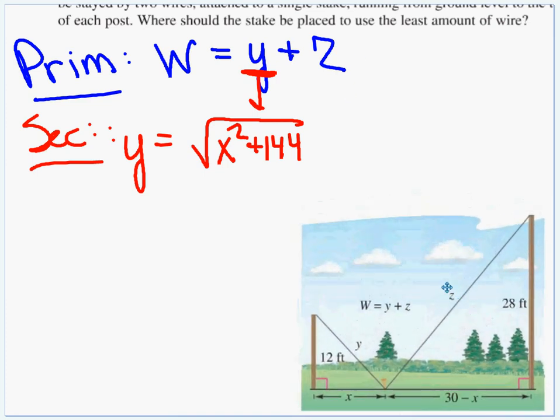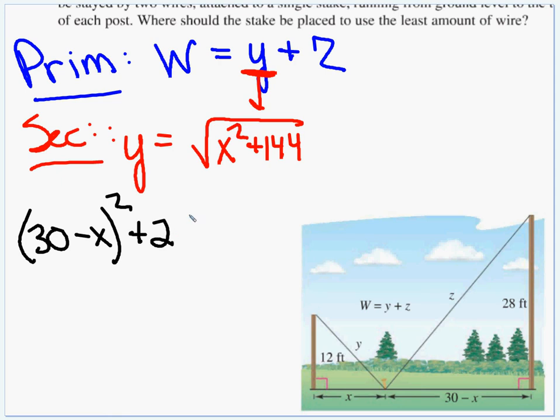Here's z, and it's going to be a Pythagorean triangle again. So on this one, we have the base is 30 minus x, that leg squared, plus 28 squared is equal to z squared.